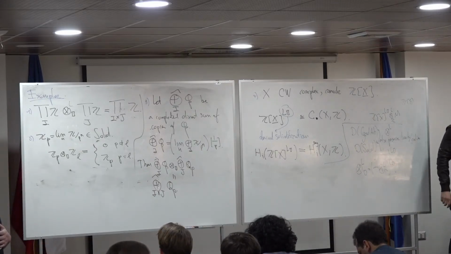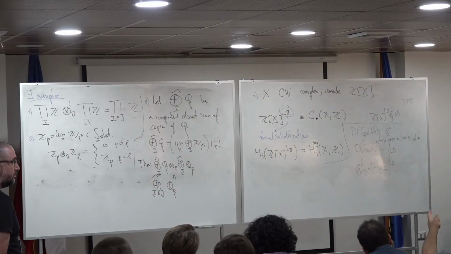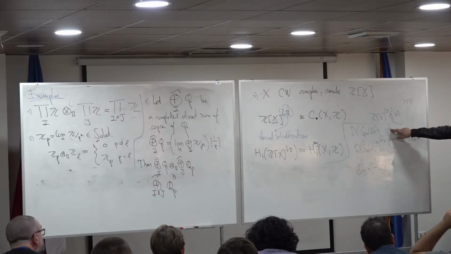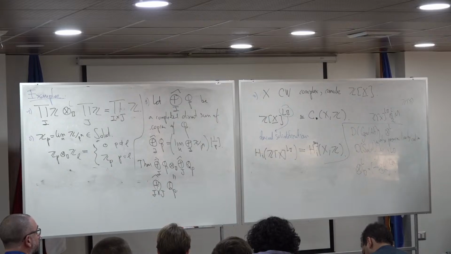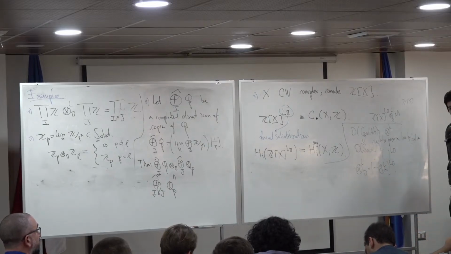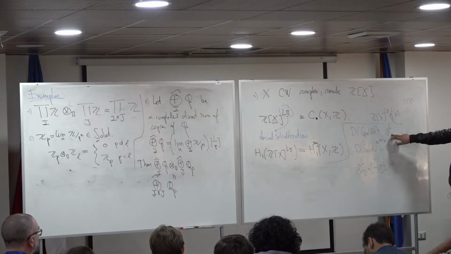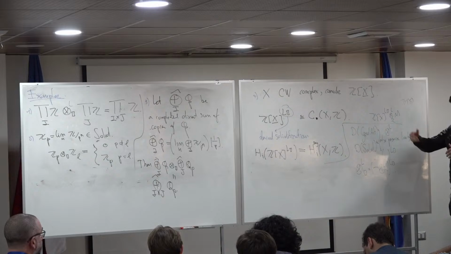Question? In the tensor product, what do you mean by the L? You mean this? Yes, exactly. This means that it's a derived tensor product. The tensor product is some operation that is right exact, in the sense that it sends a short exact sequence to a right exact sequence.